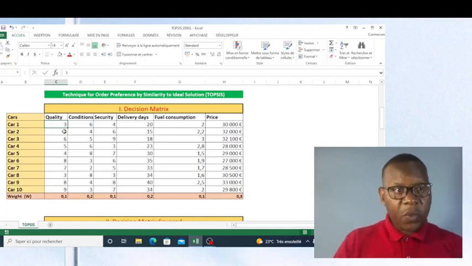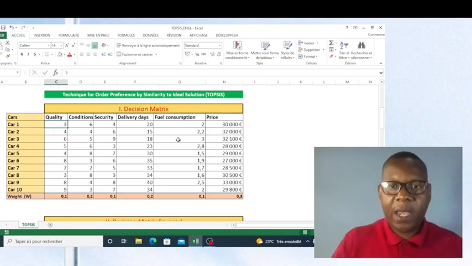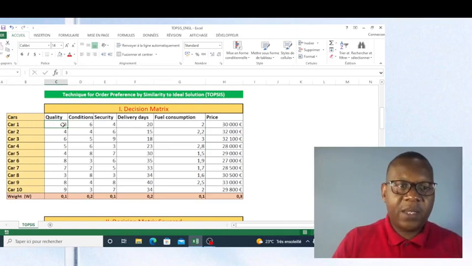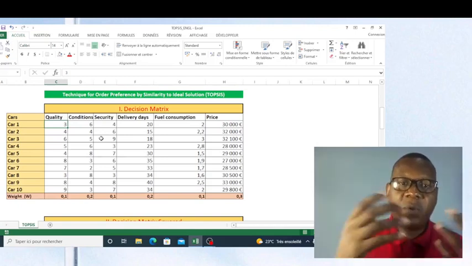As you can see, we have many cars, but you have to select one, and we need a model which can assist us to find which car we can buy. When you look at these values, they cannot be added or summed because they do not have the same unit.